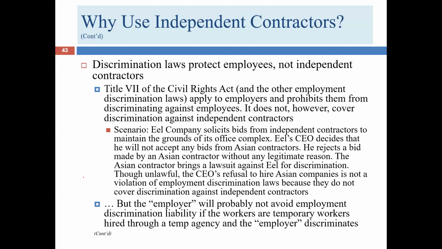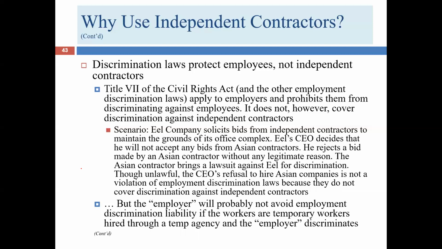Another benefit to independent contractors, although I don't think this is one that employers usually focus on, is that discrimination laws and laws like the FLSA and the NLRA don't apply to independent contractors. They only apply to employees. And so you can legally discriminate against independent contractors, or at least you're not violating Title VII and the related laws.